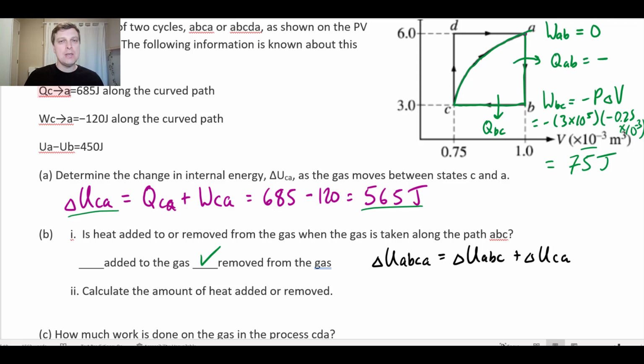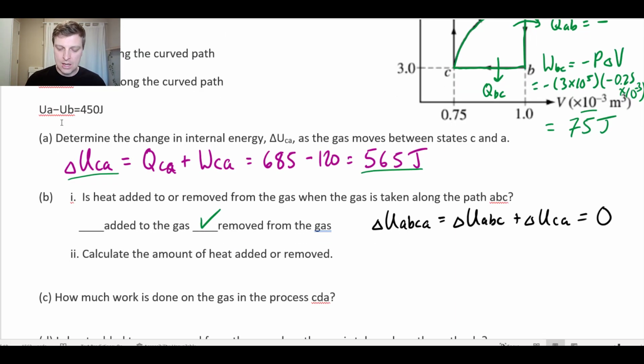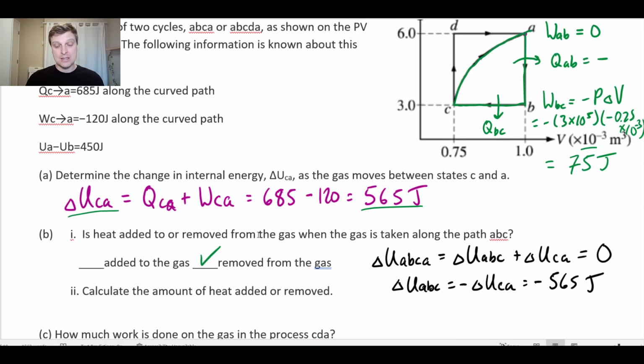But if I go A, B, C, A and back again, then this whole change in internal energy also has to be 0, which is just another way of saying that the change in internal energy A, B, C is the negative of the change in internal energy from C to A. That's what's going to get me back to 0. So that means that this must be negative 565 joules. So the change in internal energy as I go from A to B to C must be a negative change of negative 575 joules.